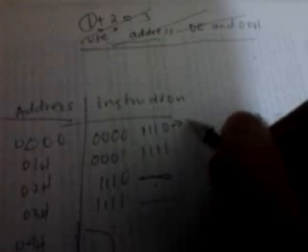So in address 000, we have 0000 1110, which is equal to 0EH, or 0x0E. In programming, we write this instead of 0EH.